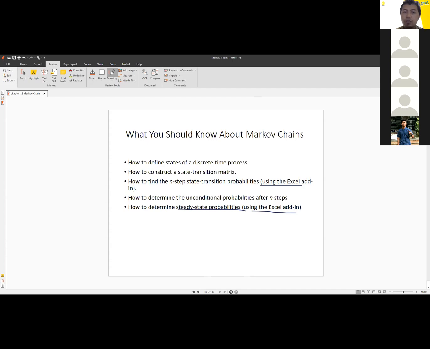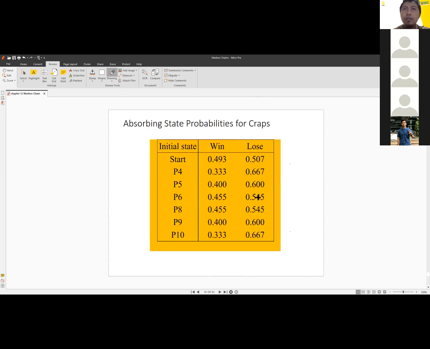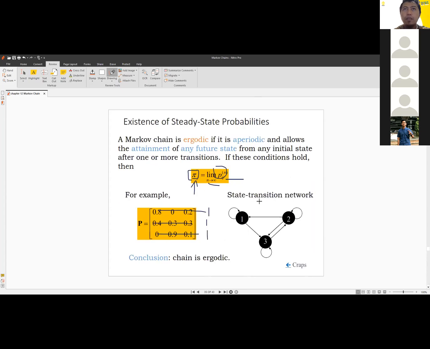Yes, no change. Let me go back a bit to this one. I remove this one. You can see this is pi. This pi is constant, representing the constant.